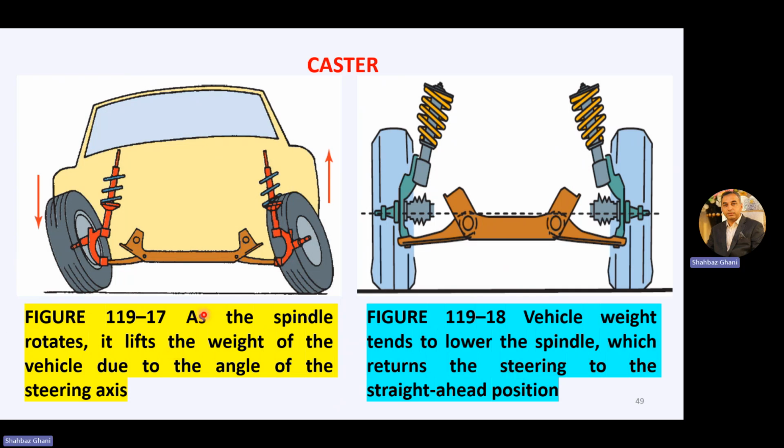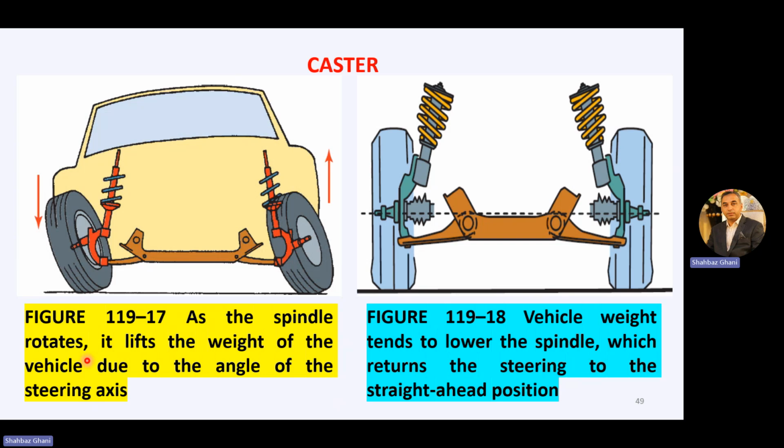Now in this figure, as the spindle rotates, it lifts the weight of the vehicle due to the angle of the steering axis. We are turning in this direction, so forces act in a downward direction here and in an upward direction there, due to this caster angle.